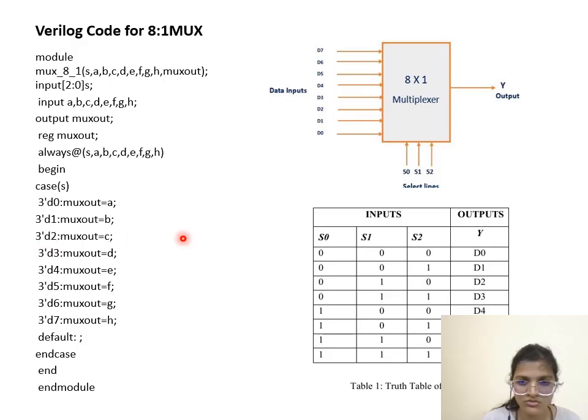Whenever the value is 2, it is set to D2, which is C. Similarly for 3, which is 0 1 1, it is set to D3.